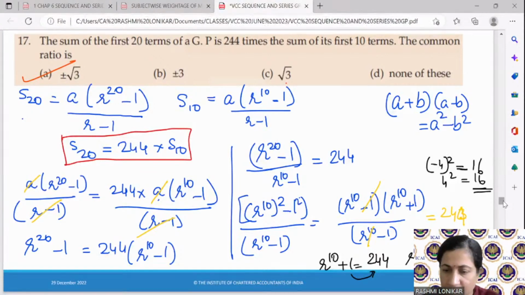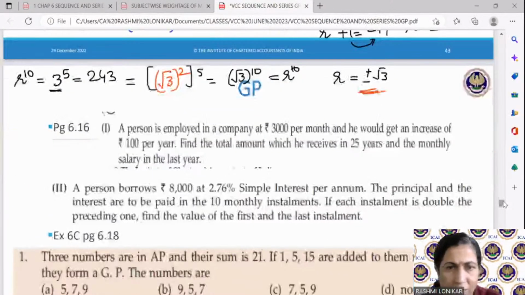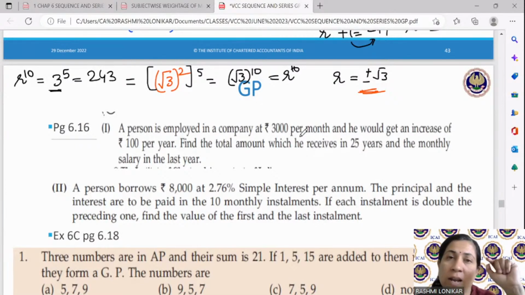I think we have done as many sums as possible, so you could do this. In the next sum, 3,000 per month, you have to just take the 3,000 and then find out the last salary that he can receive, and then find the summation.